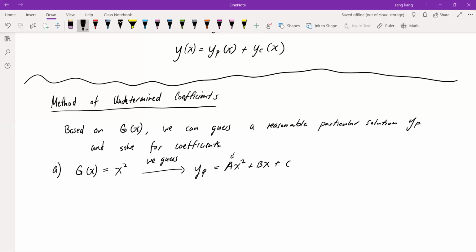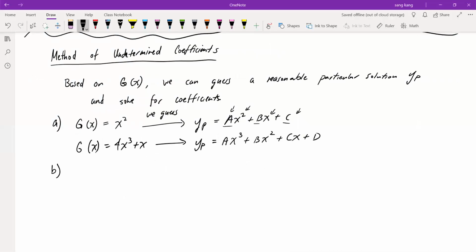So we're reducing our exponents until we just get to a constant, and then we have a coefficient in front of each of these terms, right? So let's say you had, instead of just x squared, you had 4x cubed plus x. Well, in this case, your trial particular solution should start with the highest exponent, so x cubed, so a x cubed plus bx squared plus cx plus d, right? Pretty straightforward.